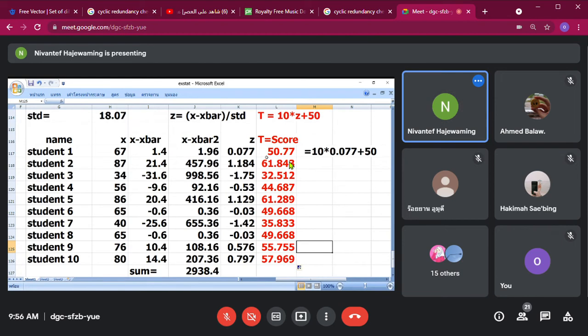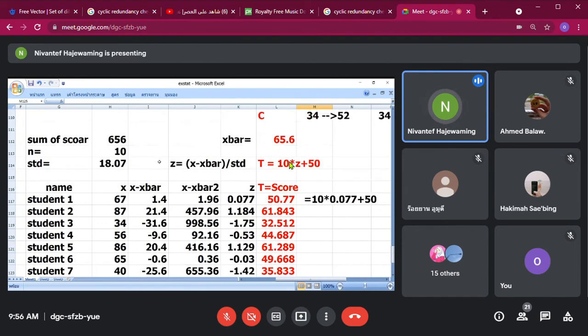This score will depend on the standard deviation and on X bar. It means this data is compared within a group. This data is not compared with anything; it is individual, Muhammad, Sabri. This Muhammad is compared with Sabri, with Aisha, with another one.